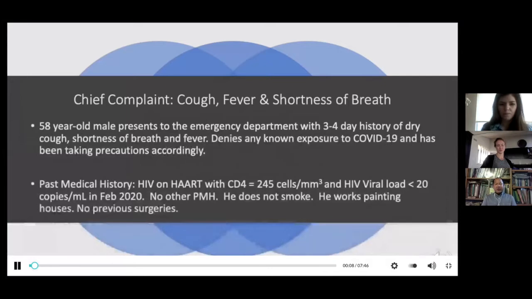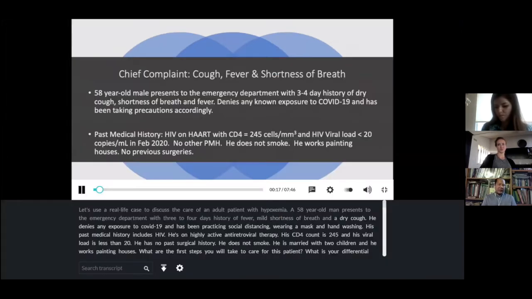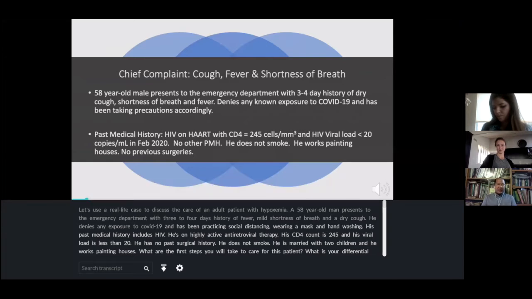A 58-year-old man presents to the emergency department with 3 to 4 days history of fever, mild shortness of breath, and a dry cough. He denies any exposure to COVID-19 and has been practicing social distancing, wearing a mask, and hand washing. His past medical history includes HIV.